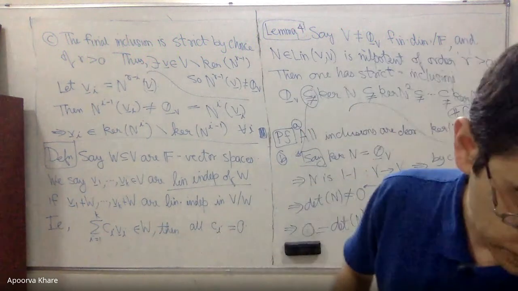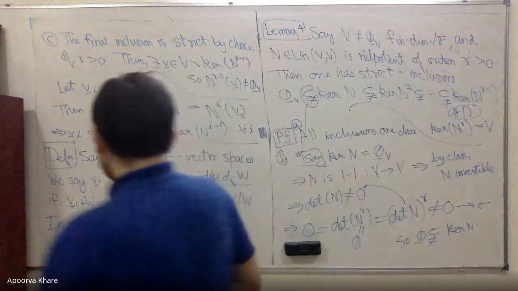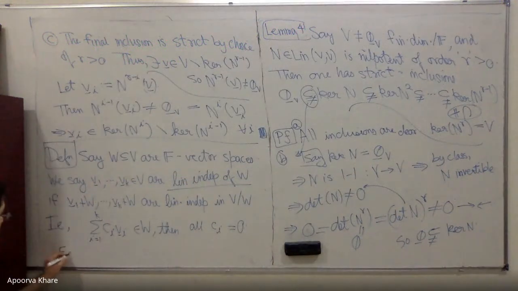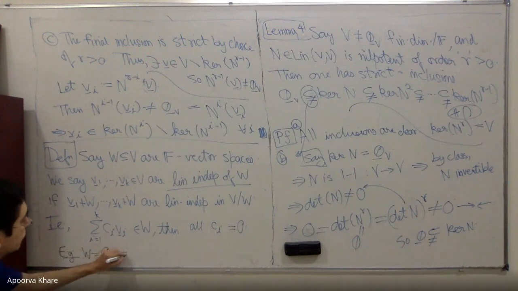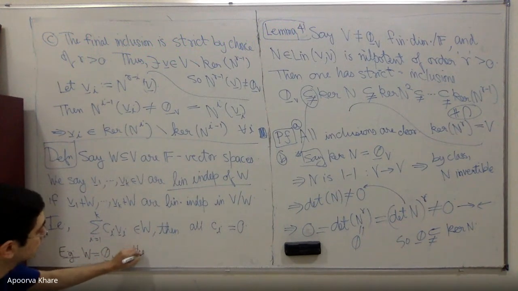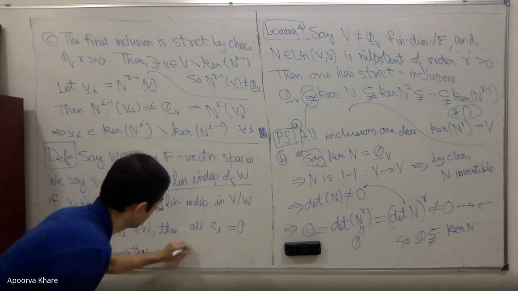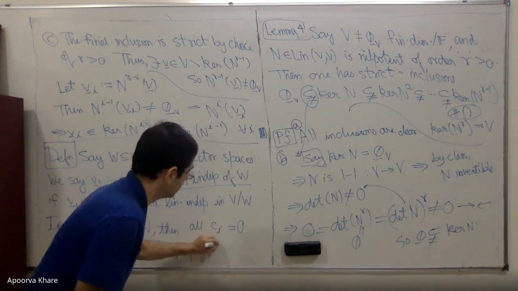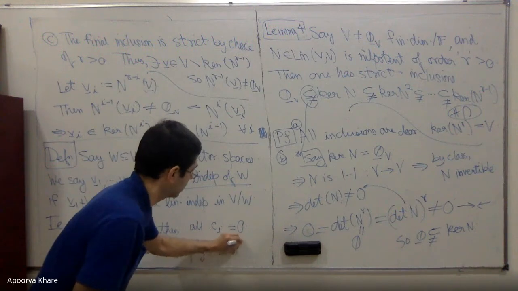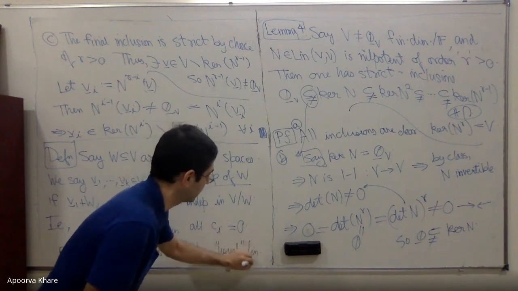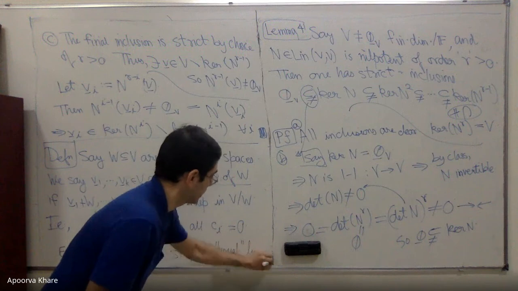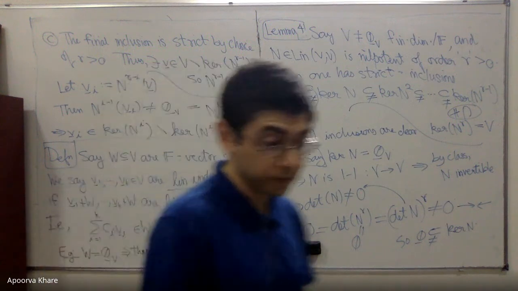That's just the usual linear independence. So, example: W equals 0 implies this is simply usual linear independence if W is a zero space.